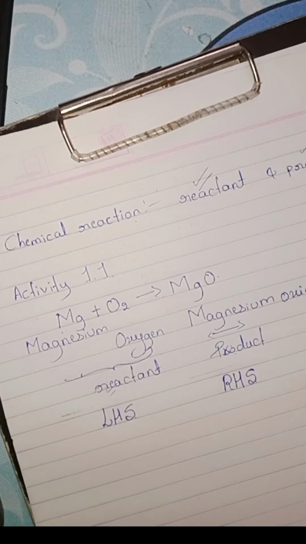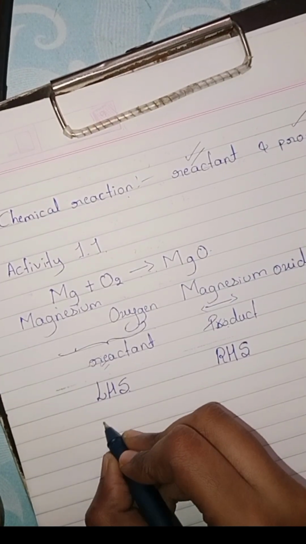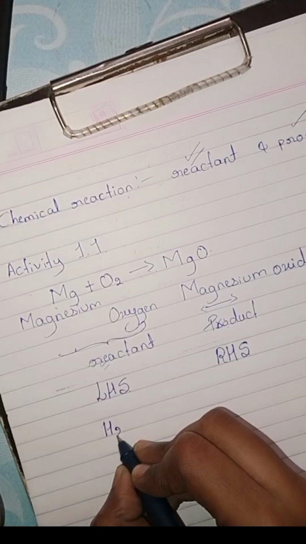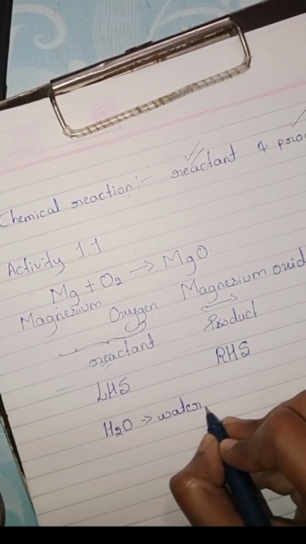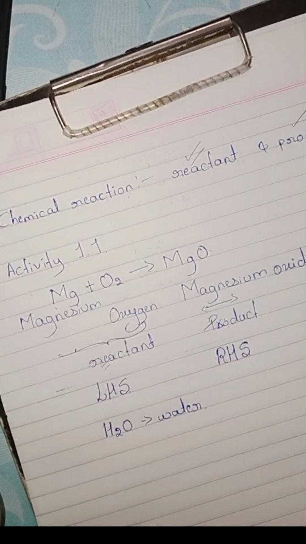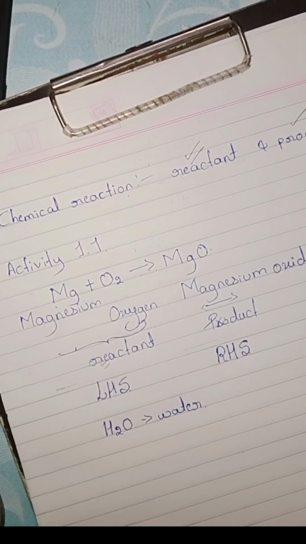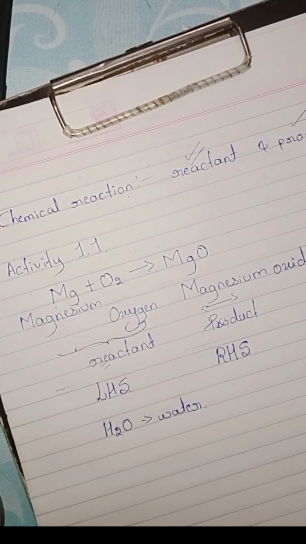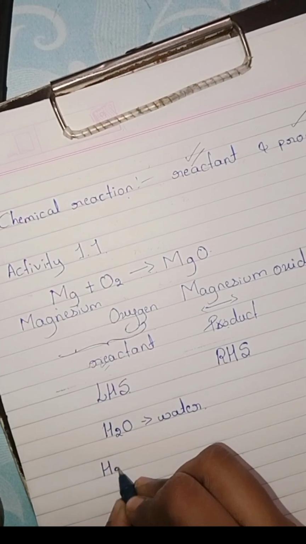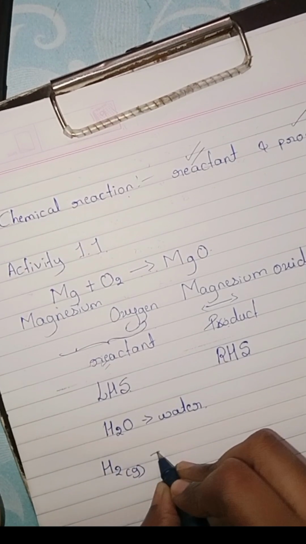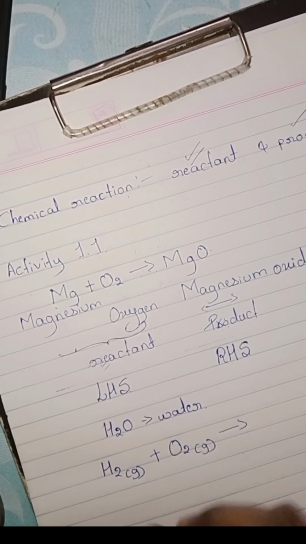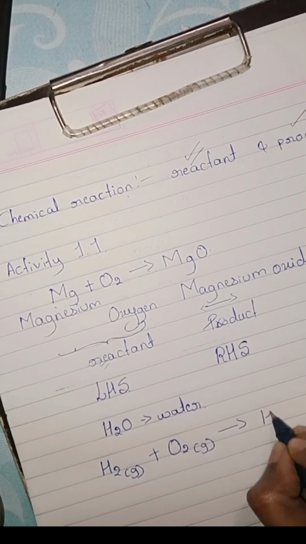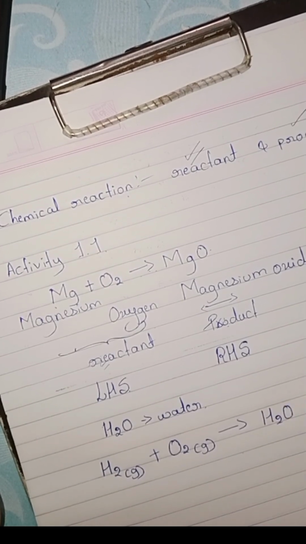So let's take another reaction, that is the formation of a water molecule, H2O. How is this water molecule formed? It is formed by adding hydrogen gas plus O2 gas. When these two react, we get the product H2O.